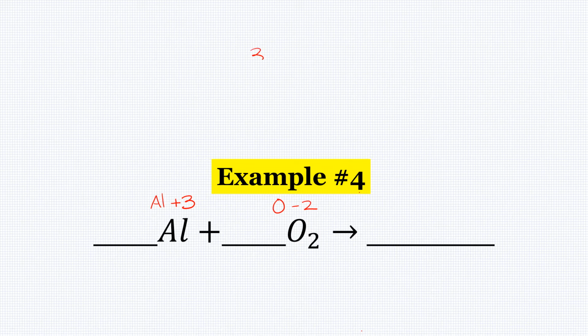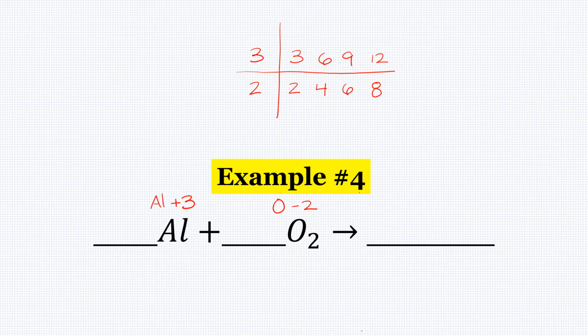I have 3 and 2, and I want these charges to balance out. 3 times 1 is 3, 3 times 2 is 6, 3 times 3 is 9, 3 times 4 is 12. 2 times 1 is 2, 2 times 2 is 4, 2 times 3 is 6, 2 times 4 is 8. So the least common multiple between these charges is 6.